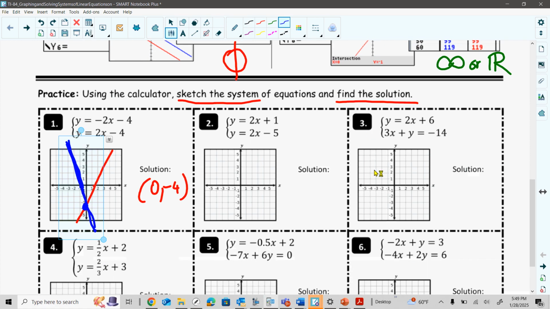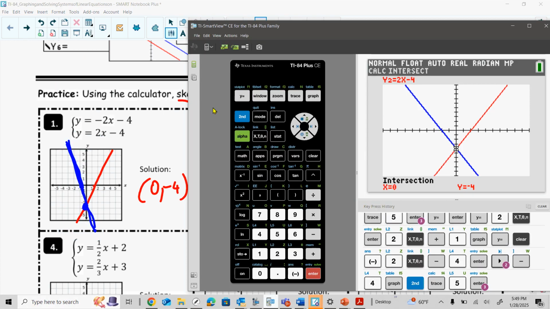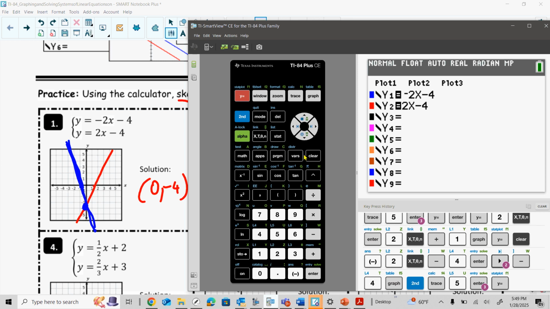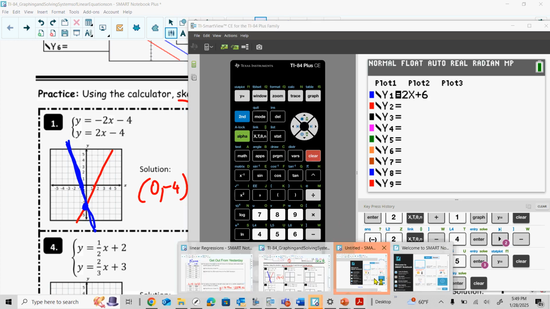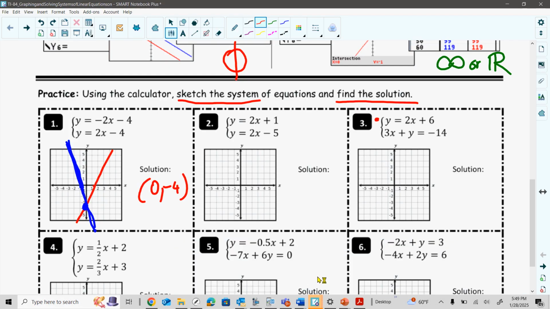But on problem 3 here, the first one is ready to type in: 2x plus 6. We can go ahead and put that one in for y1. I'm going to clear that out and put 2x, and the x is right here next to alpha, plus 6. I'm going to clear out y2 because if we look, this is not in slope-intercept form.